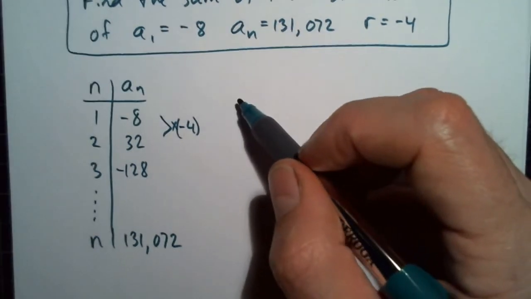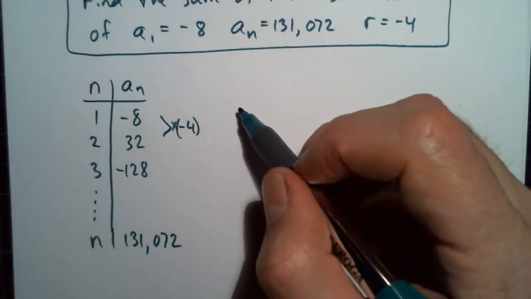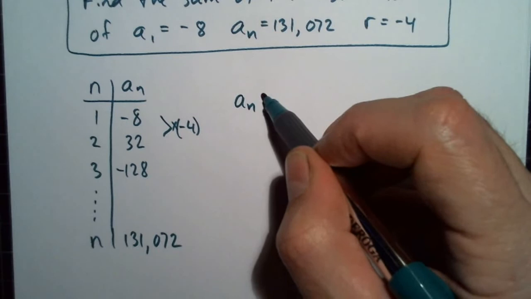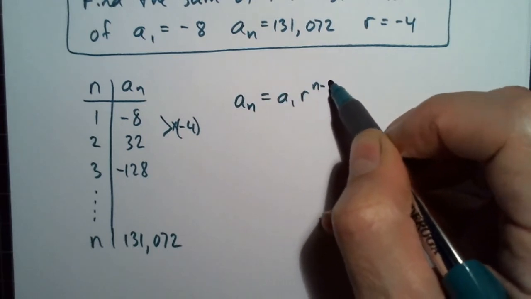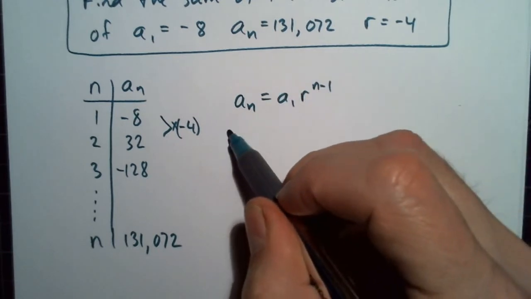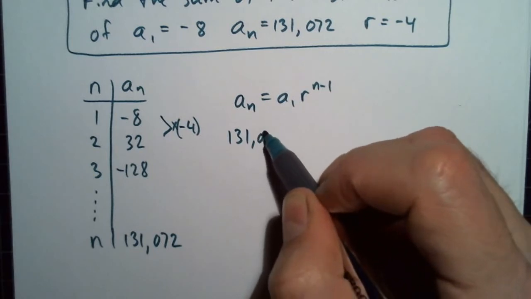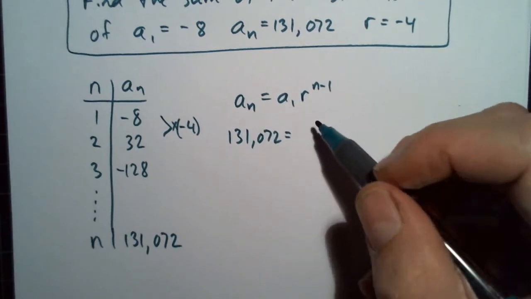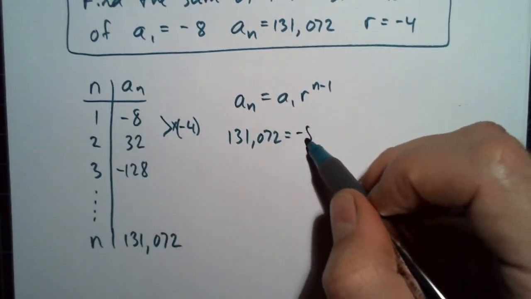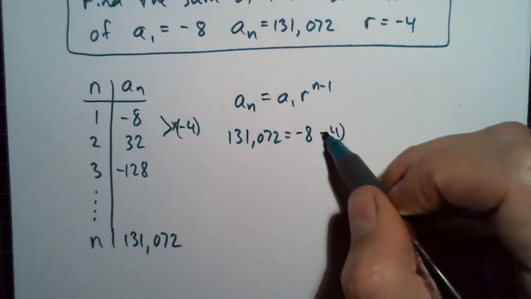So a shorter way to do that would be using this formula. We know that the nth term is 131,072 and the first term is negative 8. The common ratio is negative 4.